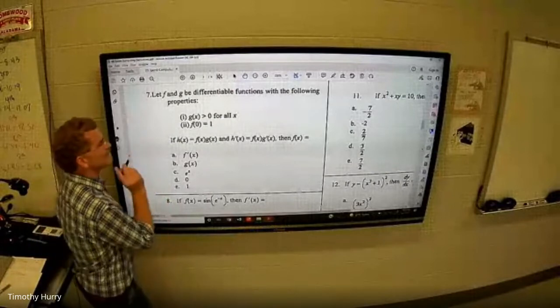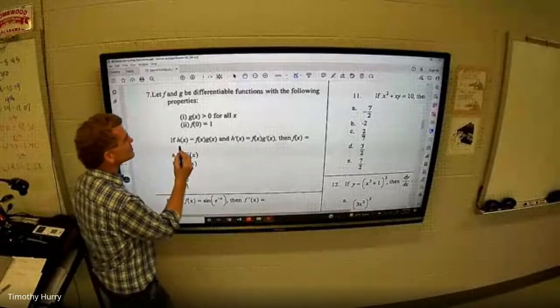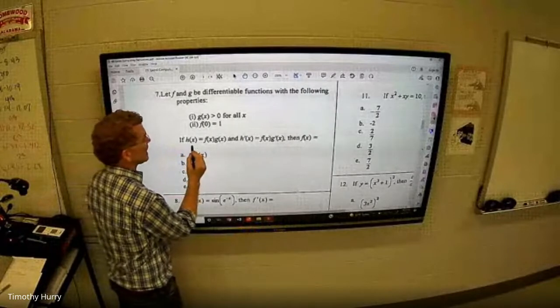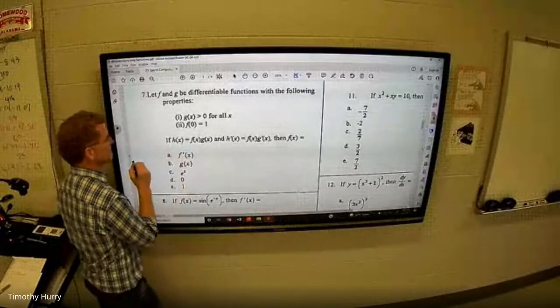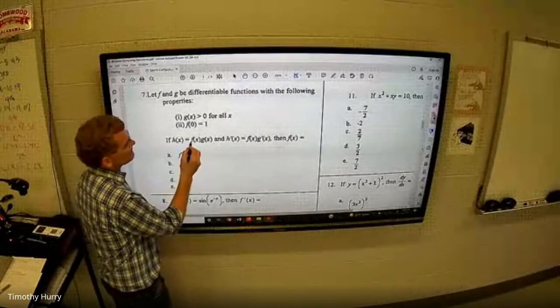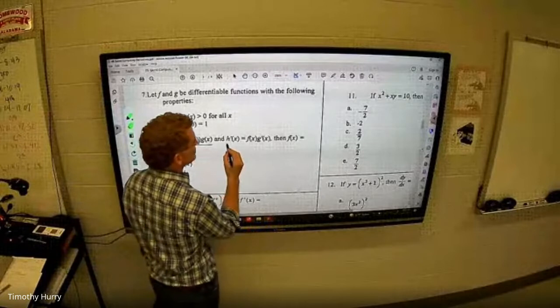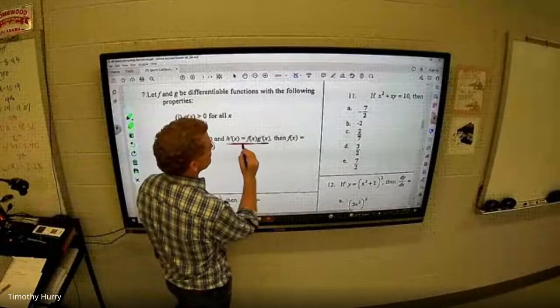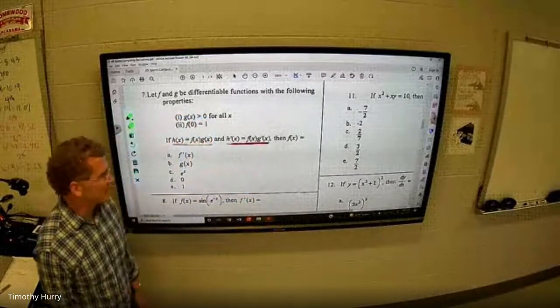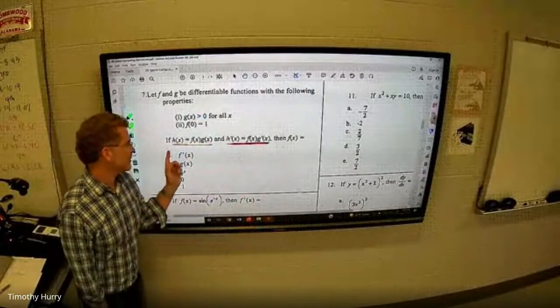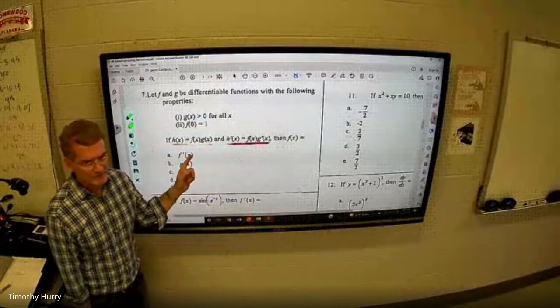Then they said this, and this is where people get frustrated a lot of times. If h is f of x times g of x, then h prime of x is f of x times g prime of x. Now, wait a minute. I thought h prime of x was what?